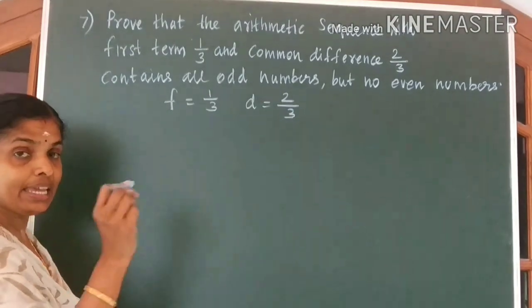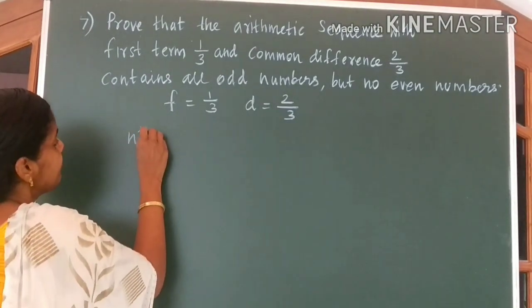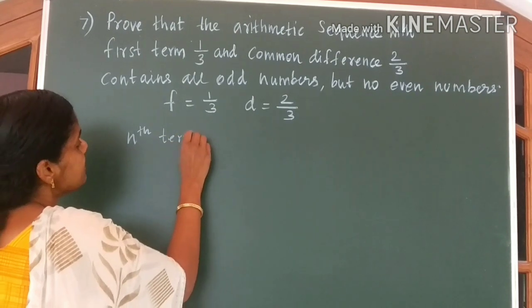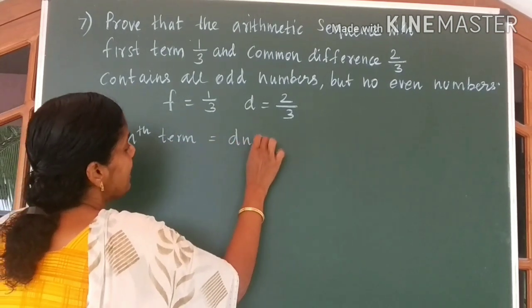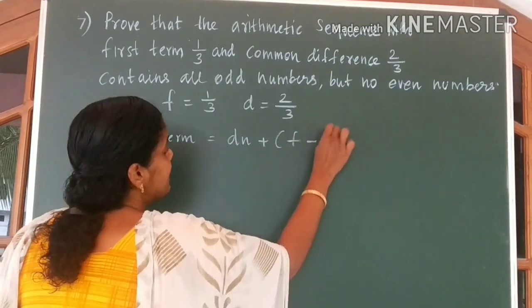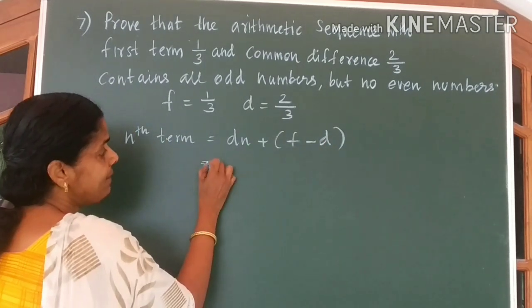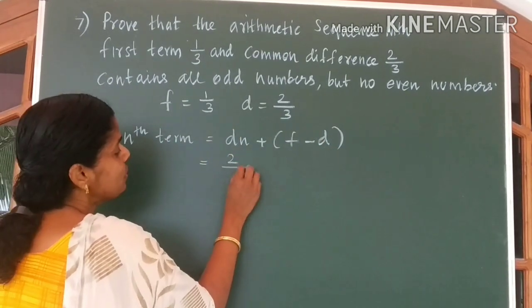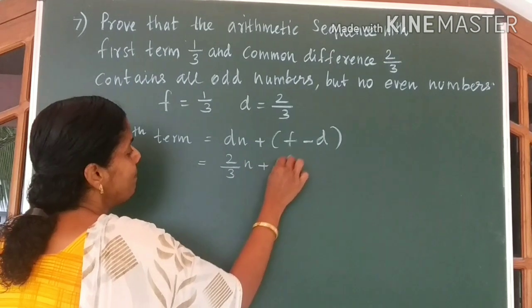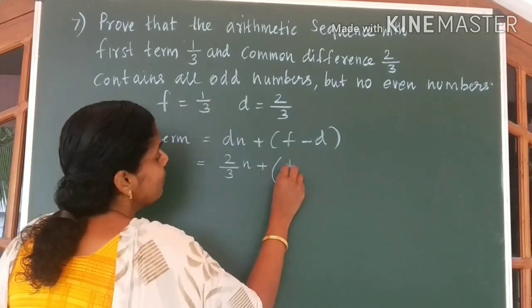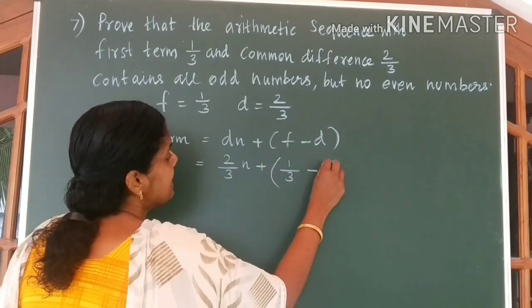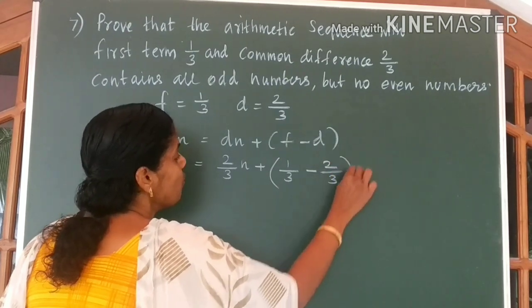Let us write the nth term. Nth term is equal to dn plus f minus d. Substitute the values. D value 2 by 3 n plus f value 1 by 3 minus d value 2 by 3.